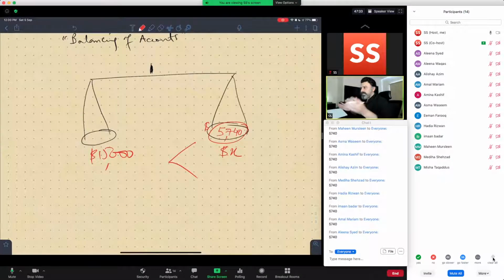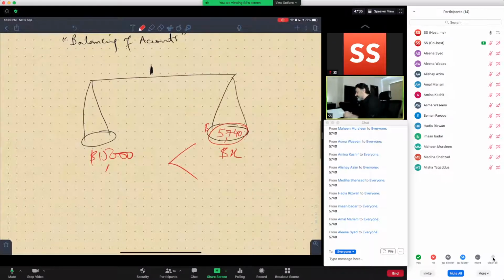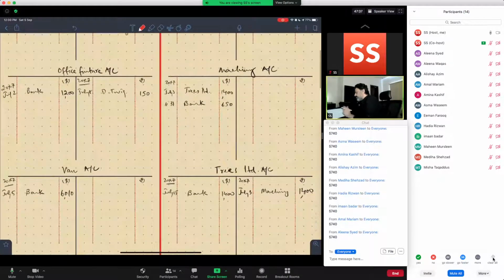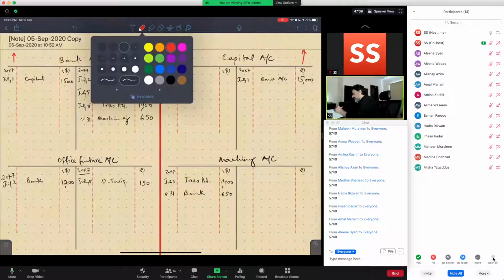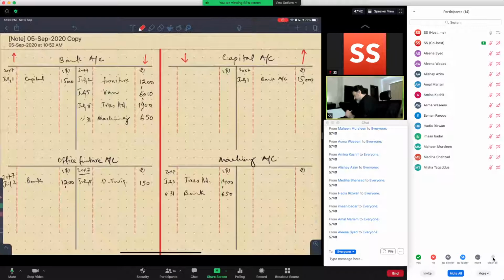This physical scale needs to balance. If we need to balance this, then we need to put 5,740 on the lighter side, this one. So when we insert 5,740 on the lighter side, the two sides are going to balance, right? They are going to be equal.